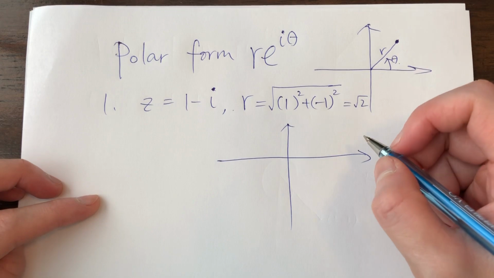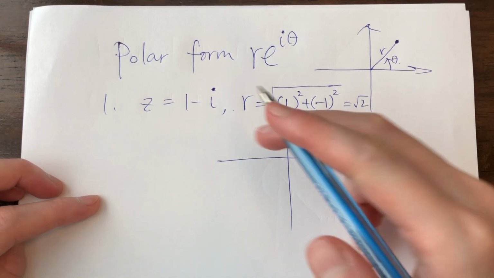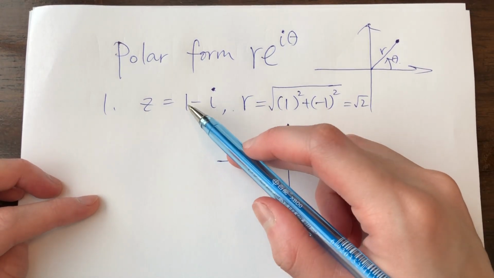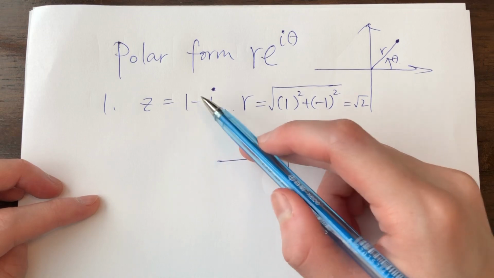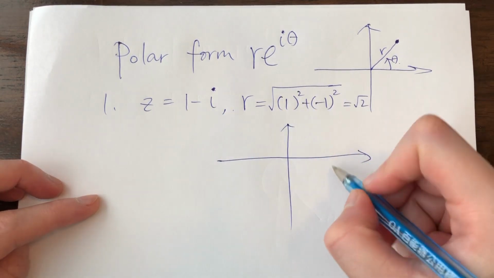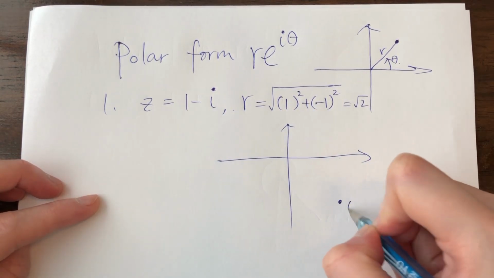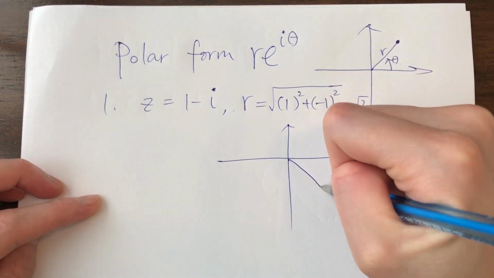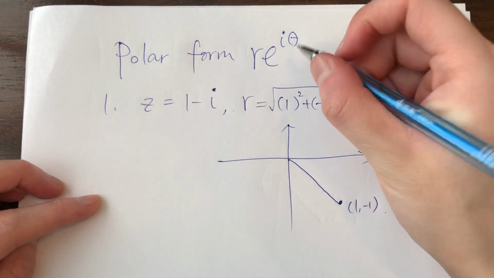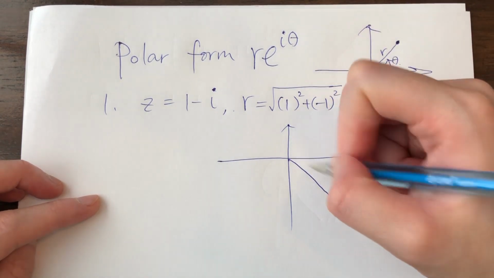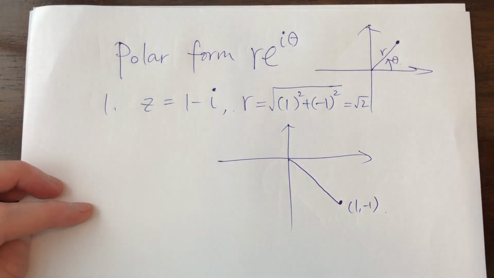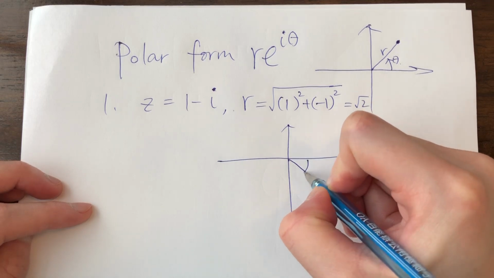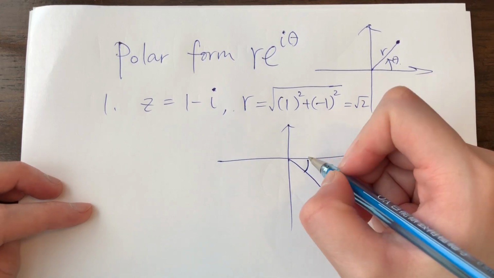I will plot the point in the complex plane with x coordinate, y coordinate. So 1, -1, which is this point. And then I just need to find what angle this line corresponds to in the plane.